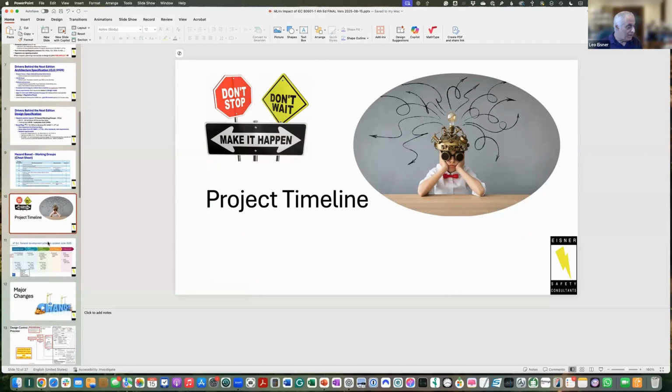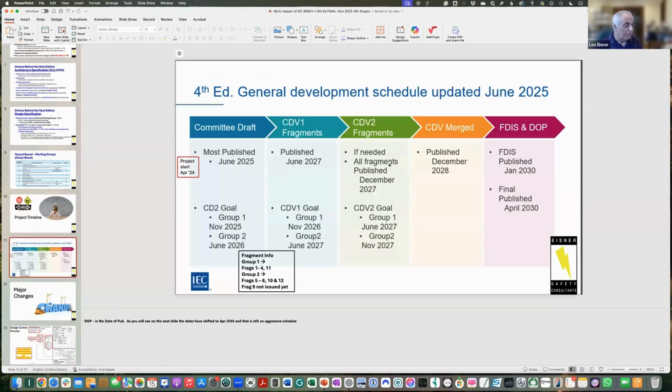And the project timeline, I'm going to go through this pretty quick. So the project officially started April of 24. We've published the first CDs for 11 of the 12 working groups, and I'll talk about the other working group when I get to that slide. The second committee draft hopefully will be published by June of 26.